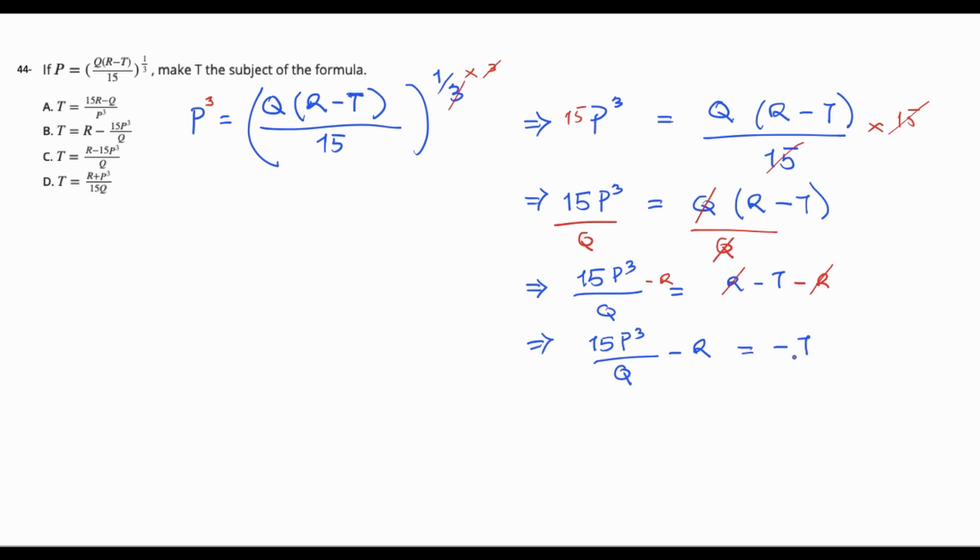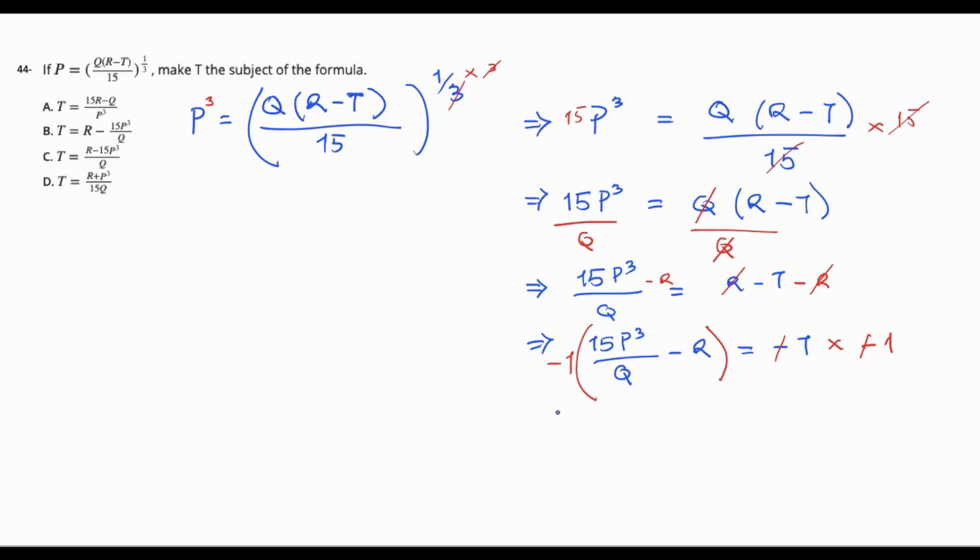But what we have here is minus T, and we're looking for just T as the subject of the formula. So to get rid of this minus, we can multiply both sides of our equation by minus 1. Minus cancels out the minus here, and T times 1 still leaves us with just T. If we multiply everything here by minus 1 as well, minus 1 times this gives us a minus sign here, and minus times minus gives us a plus.